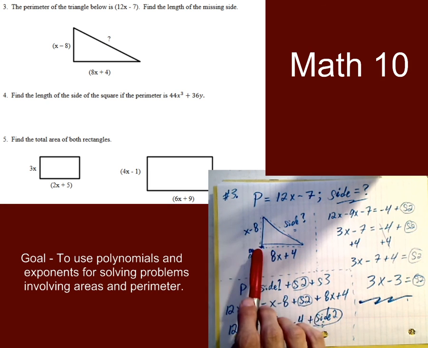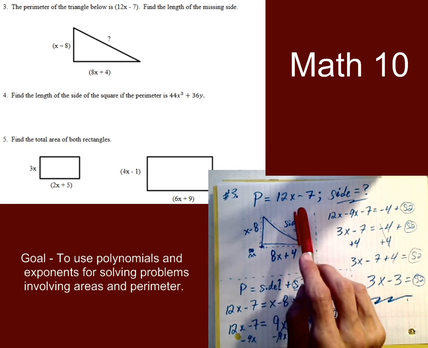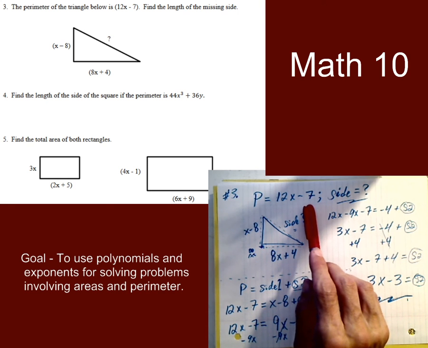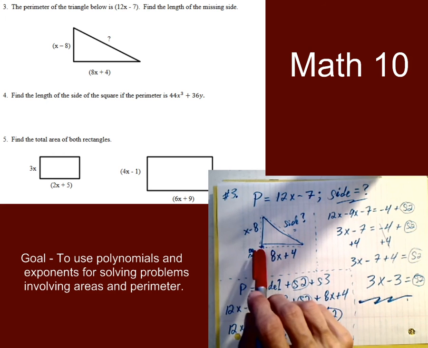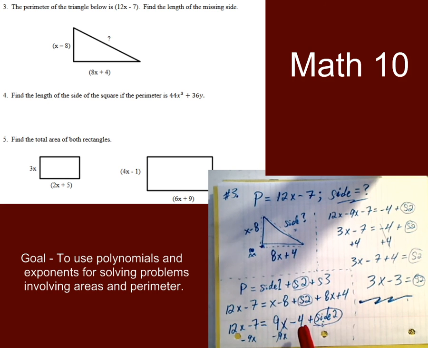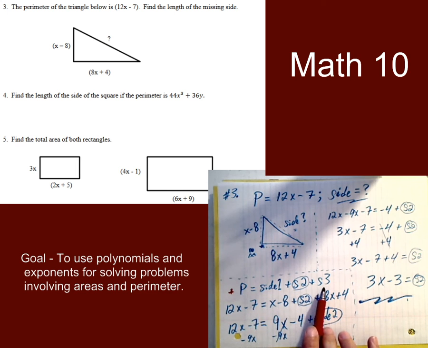This is x minus 8. The distance all the way around, first of all, is 12x minus 7. And the distance all the way around is also this side plus this side plus this side. So that starts us here, where the perimeter is just the individual sides added together.